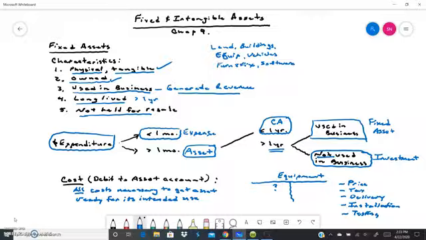And so again, you can see that all those costs are absolutely necessary to get that asset ready for its intended use, which is to say it's a production line. We have to pay for it.